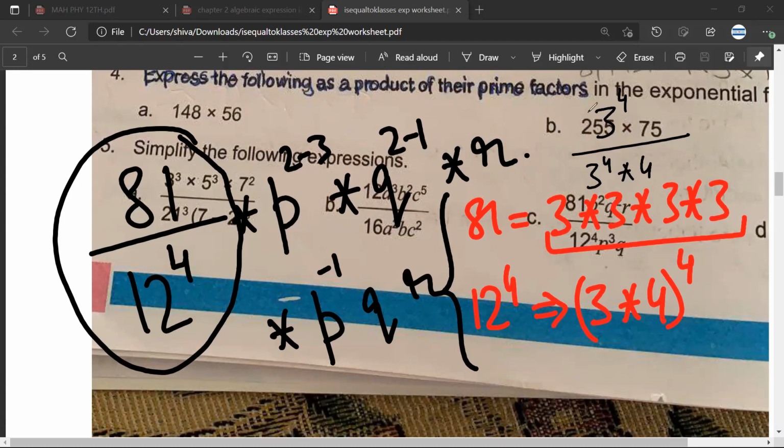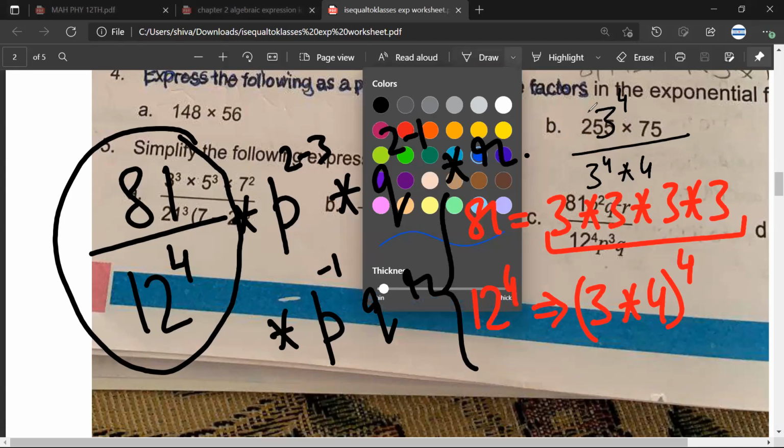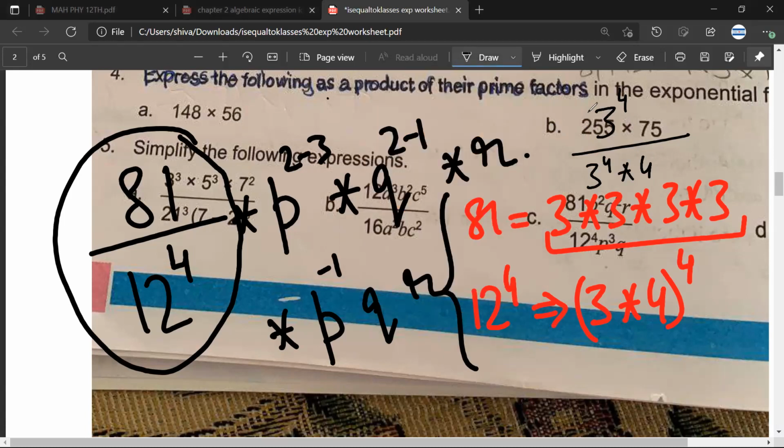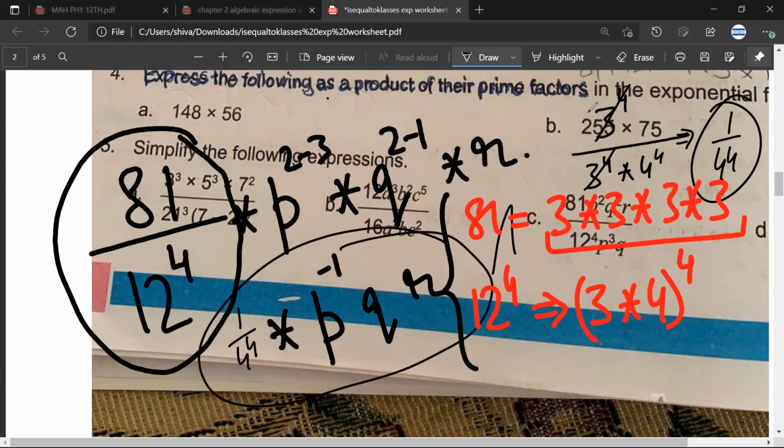So this 3 raised to power 4 will get cancelled and I'll have just 1 upon 4 raised to power 4. Mr. Sarthak, are we clear? Yes, sir. So my final answer would be 1 upon 4 raised to power 4. Ariman, are we clear? Yes, sir.